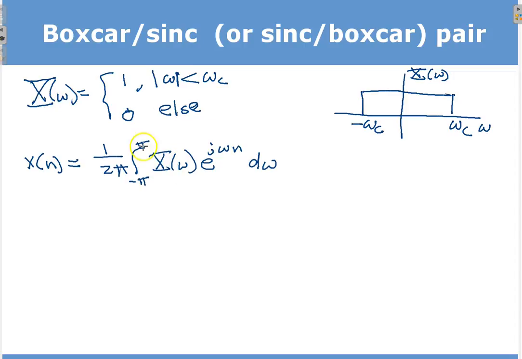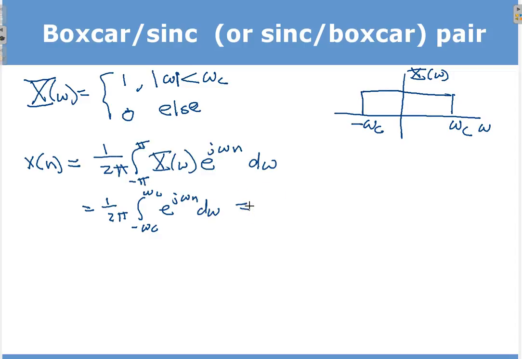Sometimes I don't. But capital X, it's 1 in this region, 0 else, so we can rewrite this as 1 over 2 pi, integral from minus omega c up to omega c, and then it's 1 in there, e to the j omega n d omega.